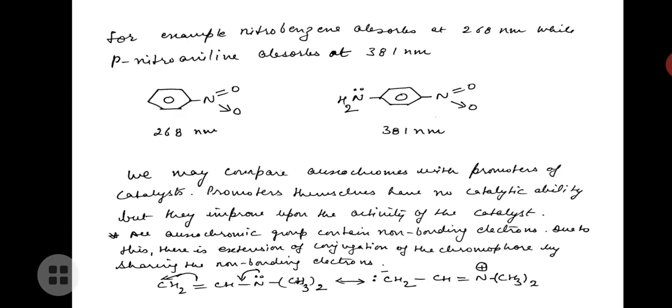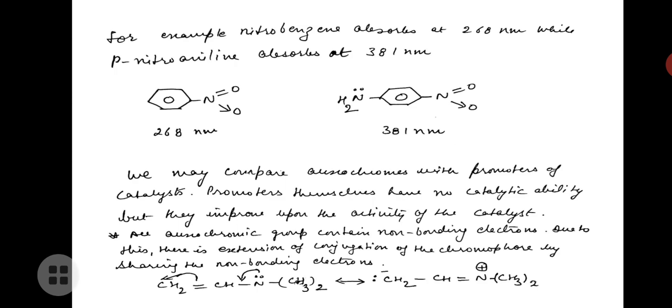Now, for example, nitrobenzene absorbs at 268 nm, while para-nitroaniline absorbs at 381 nm. So here, the amino NH2 group is an oxochrome. One more example we can see.